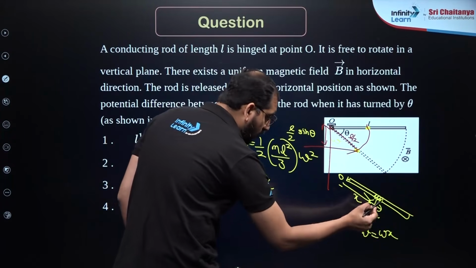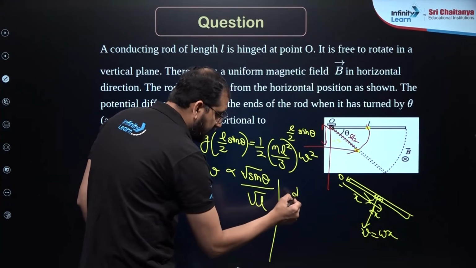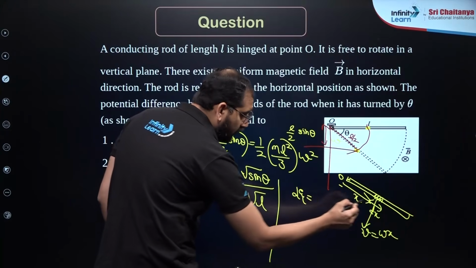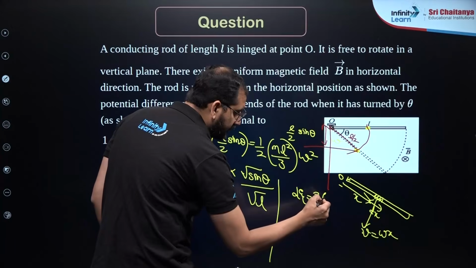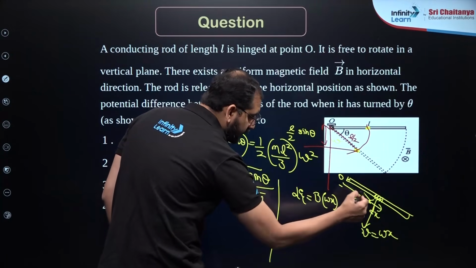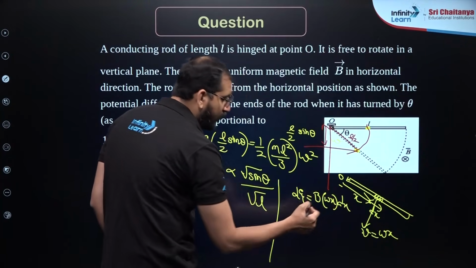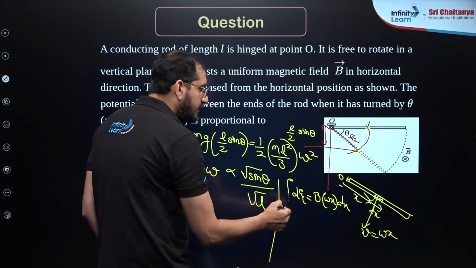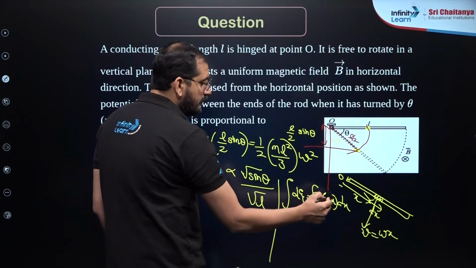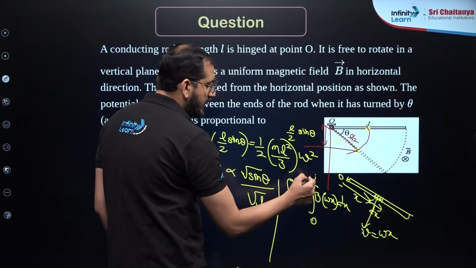So the small potential difference dE across this element can be written as B into v into dx. Okay, I'm using that formula BVL to calculate the EMF, but I need to integrate this from 0 to L.